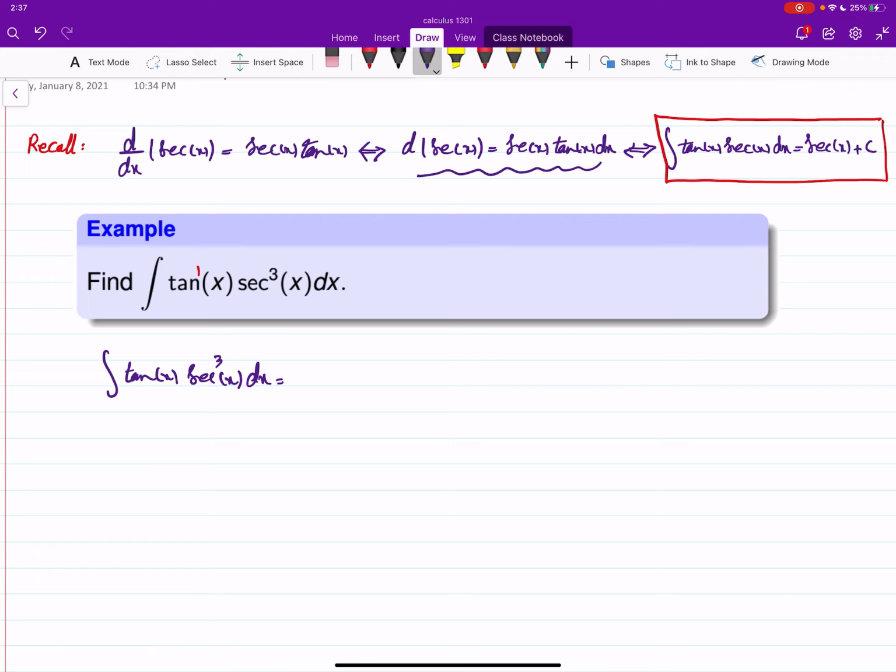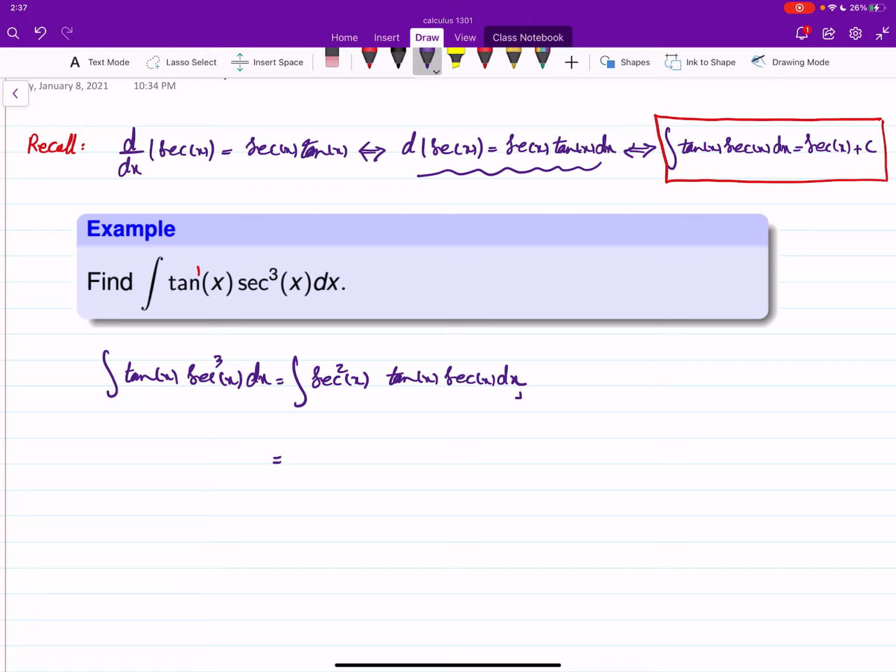I noticed that I can separate a factor secant x times tan x dx. And then the remaining will be just secant squared x. Note that to start with, both powers were odd, but we're taking one from each, so the powers will become even. This will become important for us in the next example.